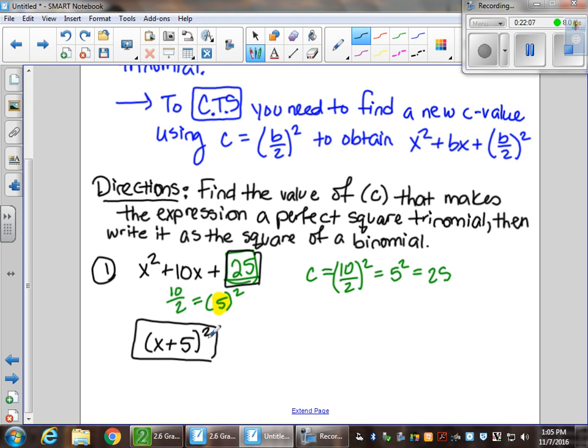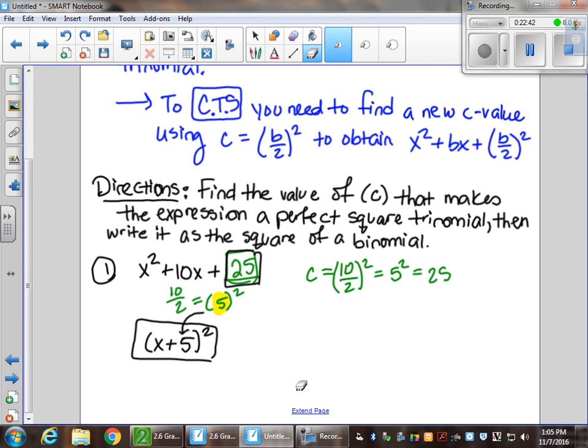And writing this as the square of a binomial, we're going to take that value that you squared inside parentheses. Here I highlighted it, which is 5. That's what I pulled to write my square of a binomial. And if you actually multiplied this out, x plus 5 times x plus 5, you would end up with your original quadratic.